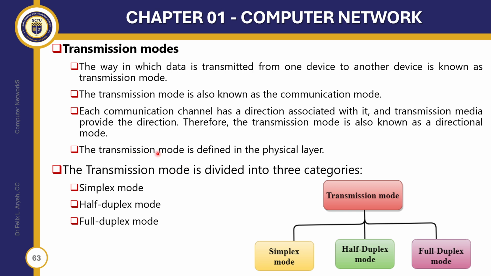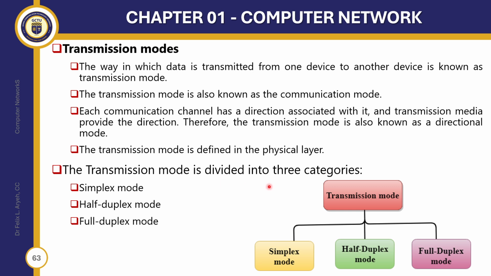And most times, the transmission mode is defined in the physical layer. When we start with the OSI model and talk about each layer, you will realize that it actually starts at layer one, which is the physical layer.